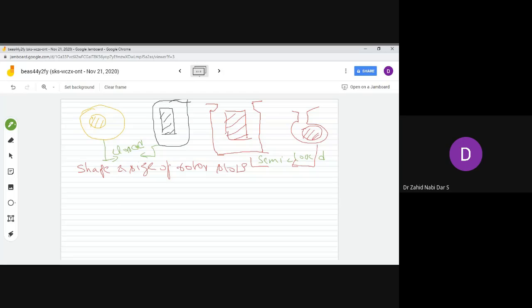So when to use closed slots and when to use semi-closed slots? It depends. See your resistance: if you write down, resistance is equal to rho L by A. We can write mu is equal to 1 by rho.